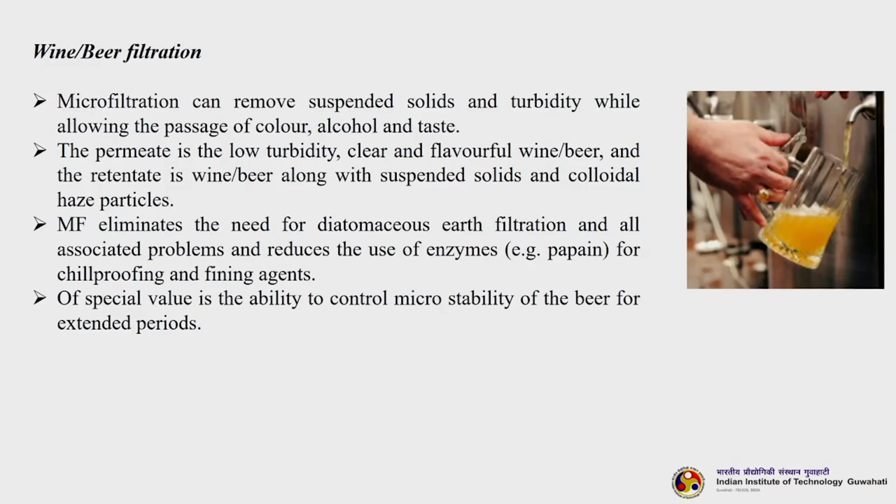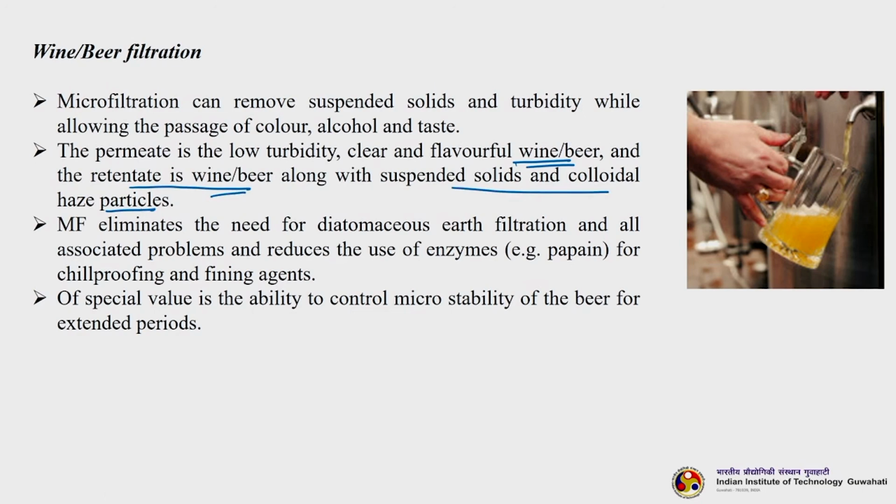The next application is wine and beer filtration. So, we have discussed this long back. Microfiltration can remove suspended solids and turbidity while allowing the passage of color, alcohol and taste. The permeate is the low turbidity, clear and flavorful wine and beer, and the retentate is wine or beer along with suspended solids and colloidal haze particles.